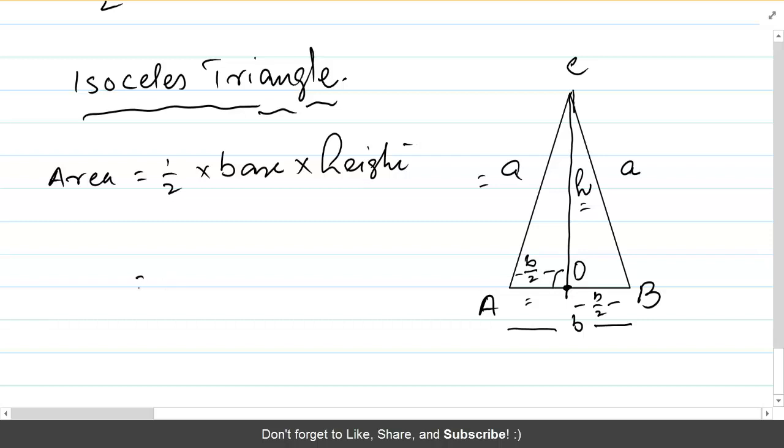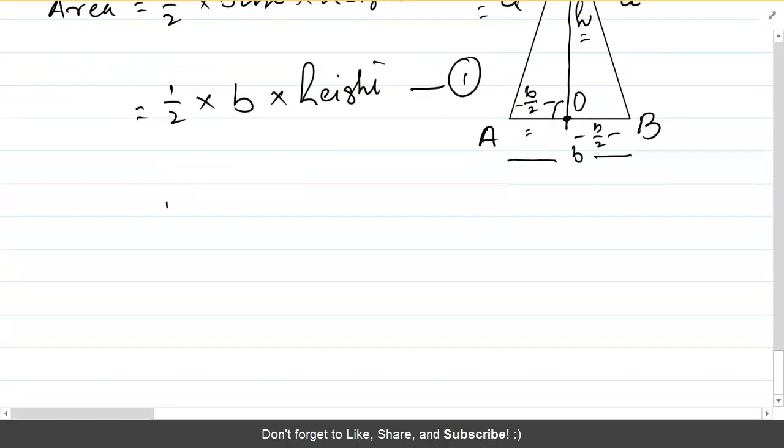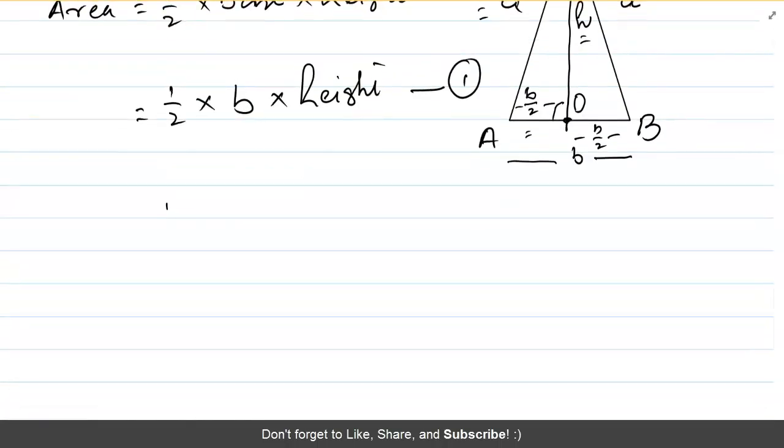So this would be equal to 1 by 2 times base, which is b, and height is something that we need to find. So let's write it down as height and name it 1, and we will calculate the height separately and then bring it back into equation 1.